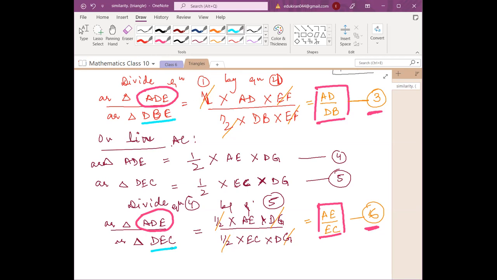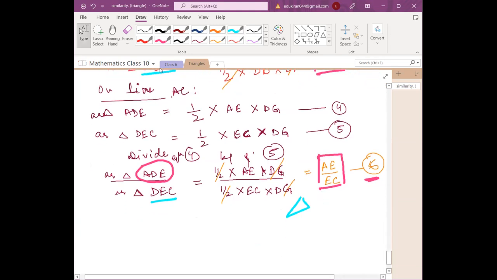Basically, these are the two triangles, if you look in the figure. This was my figure, A, B, C, and this line was your DE.